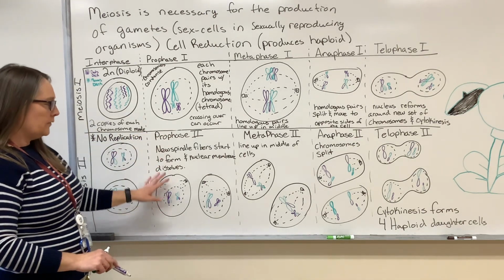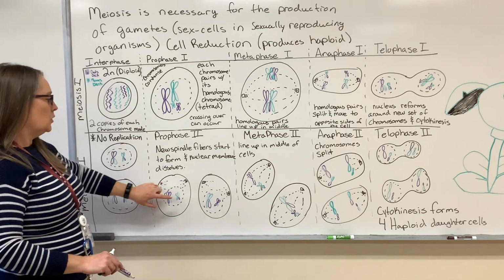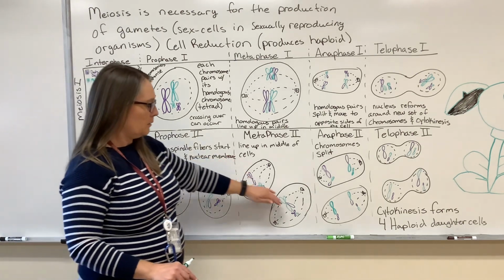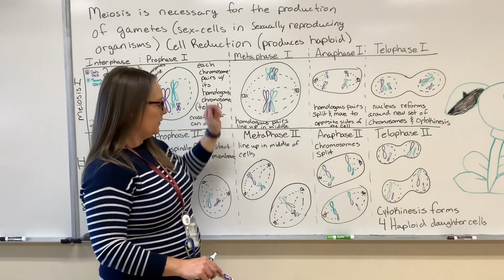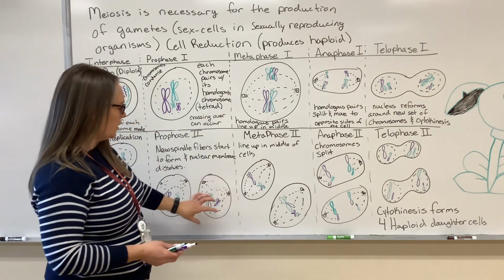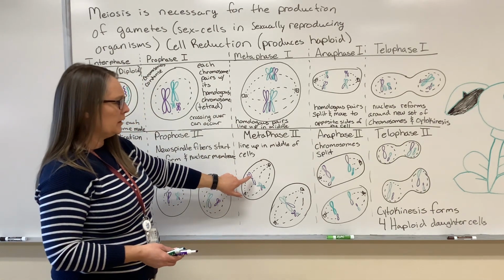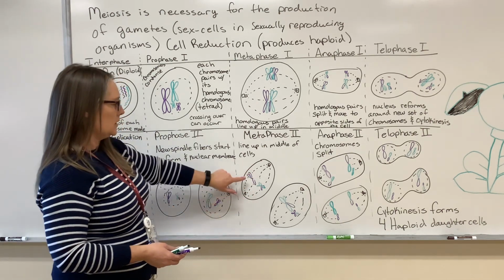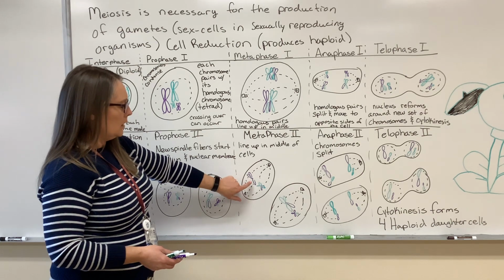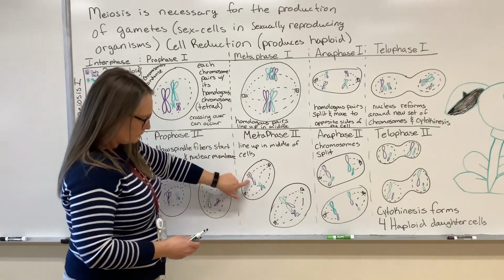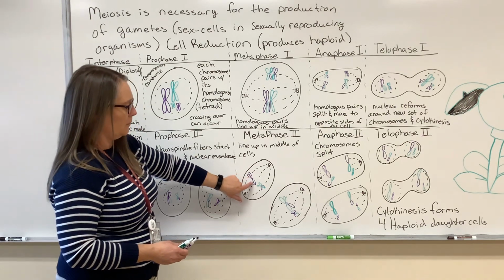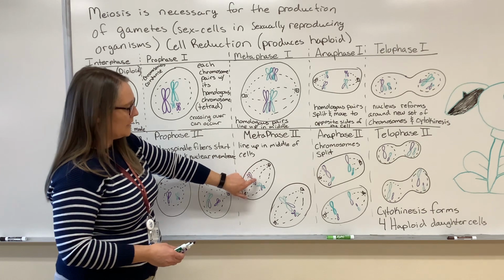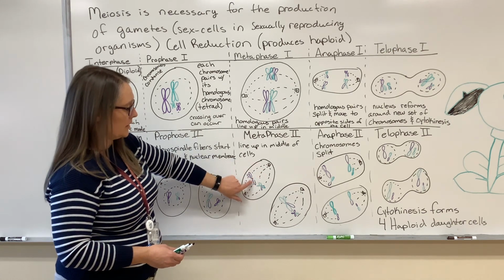We go through prophase, where the new spindle fibers form, new nuclear membrane starts to dissolve, and then in metaphase, they line up in the middle just like they did in the previous phase. And you'll start to notice that we're going to end up with really unique DNA combinations. You'll see that chromosome number 1, as it splits in the middle, I'll have all of the DNA from dad in one of the cells, and I'll have a combination of mom and dad's DNA over in the other cell for this first chromosome.